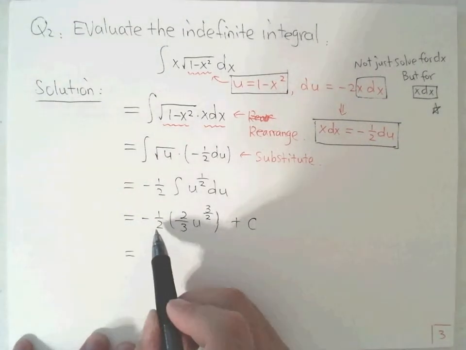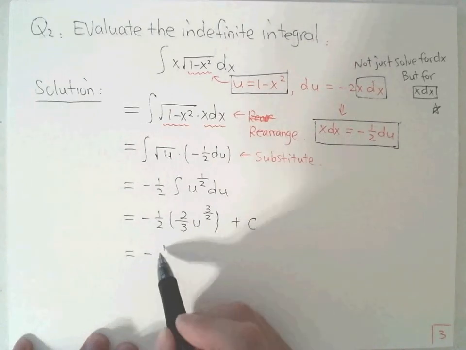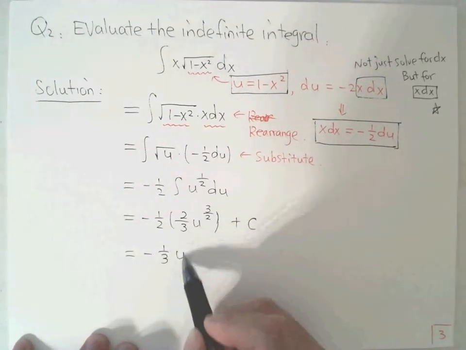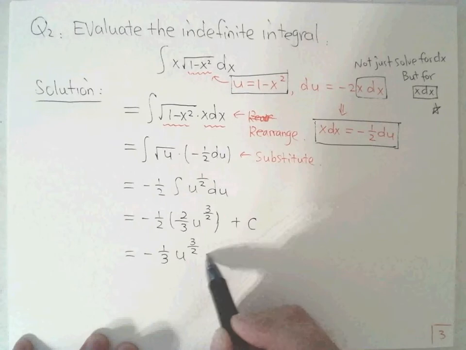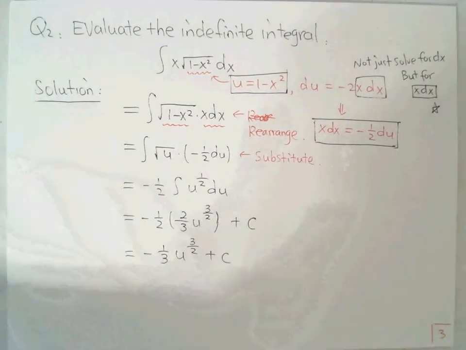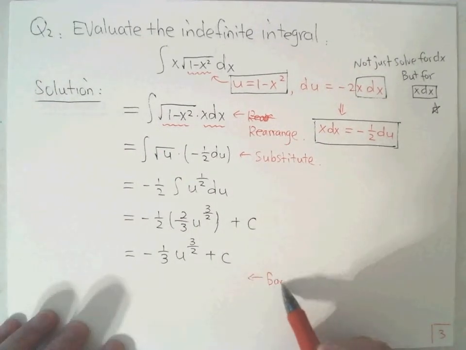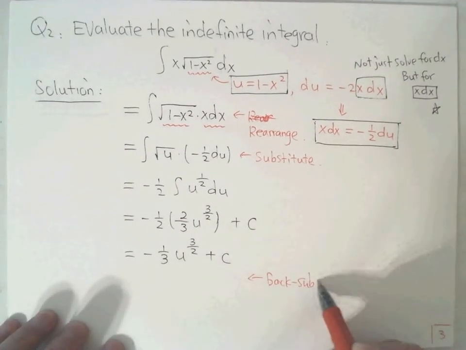Okay, and then we're going to simplify. This time it is -1/3 u to the 3/2 power plus c. I said don't stop here, right? We need to back substitute.